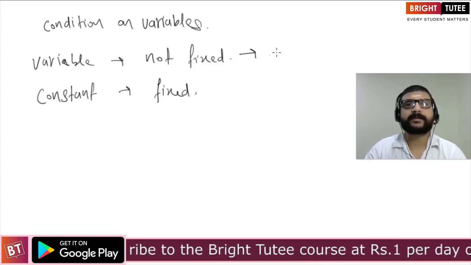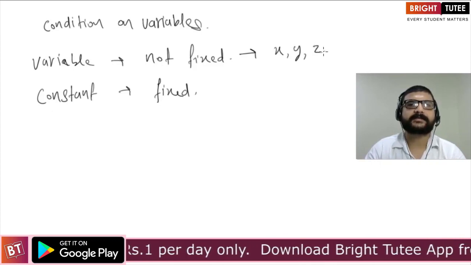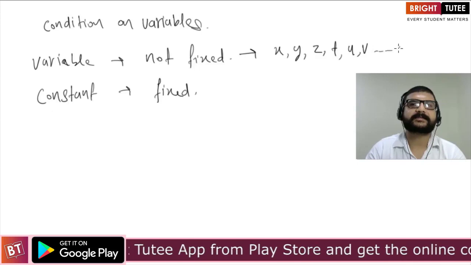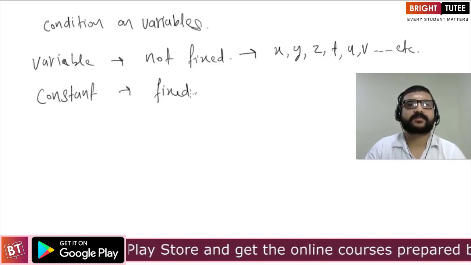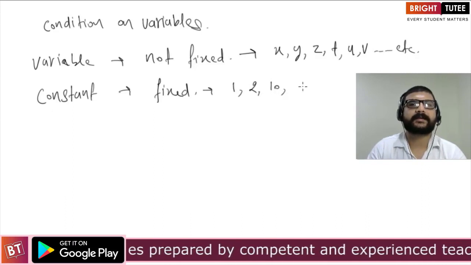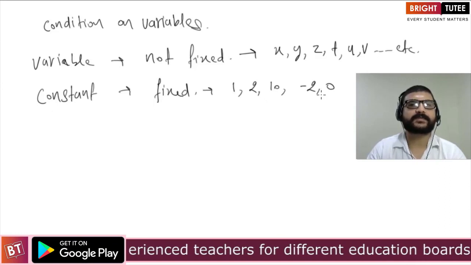Variables are usually represented with small letters x, y, z, t, u, v, like this. And constants are the fixed numbers. We can say 1, 2, 10, -2, 0, like this. All these are constants.